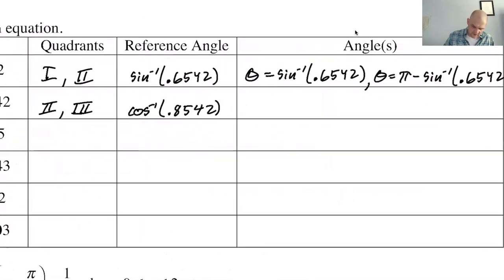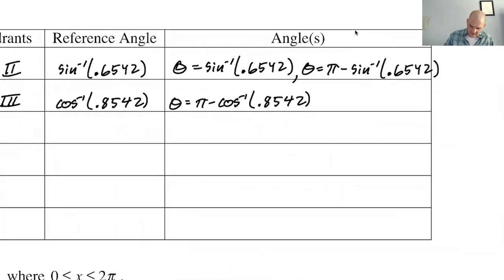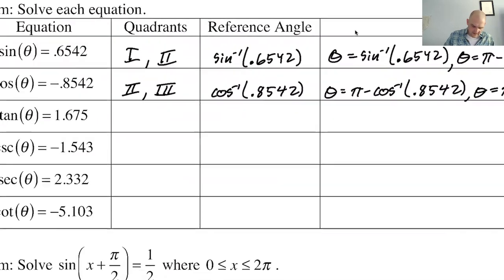All right, so in quadrant 2, we're going to do theta equals pi minus the reference angle. Oh, that's definitely it. I just unlocked the mystery of the pasting. And then in quadrant 3, it's going to be pi plus the reference angle. And there we go.